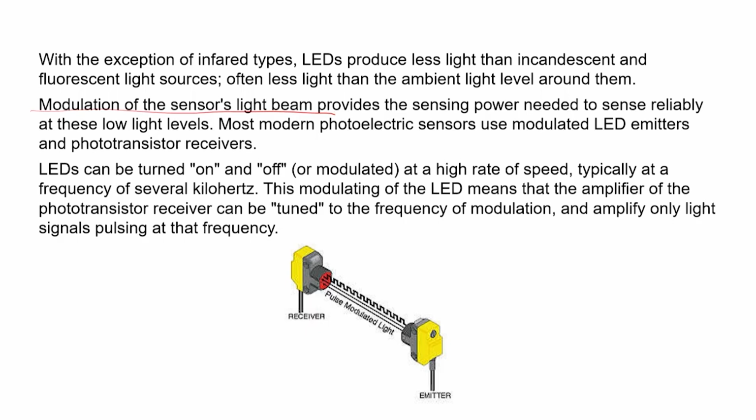Now, LEDs can be turned on or off at a high rate of speed. So, you need not send the LED light as a continuous light, you can keep it as a pulsating light. You can see the pulse here, a continuous on-off system.